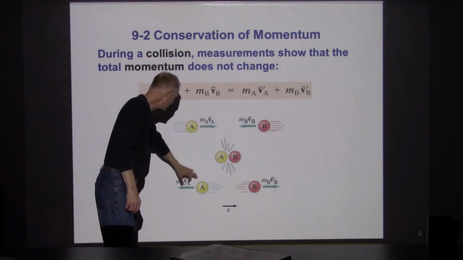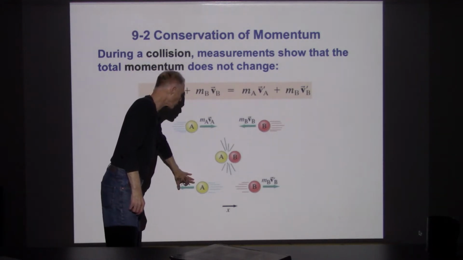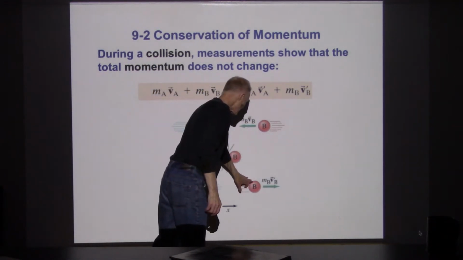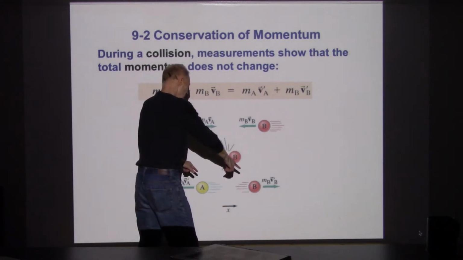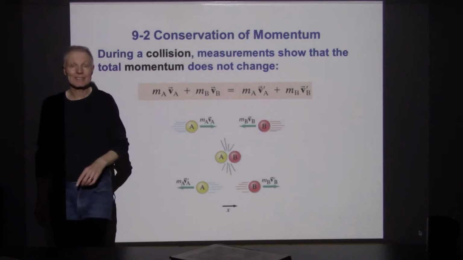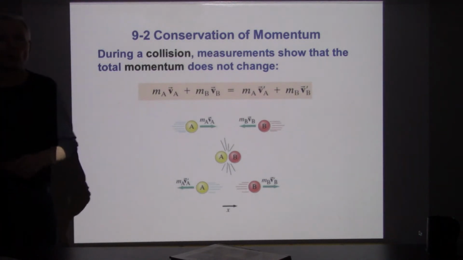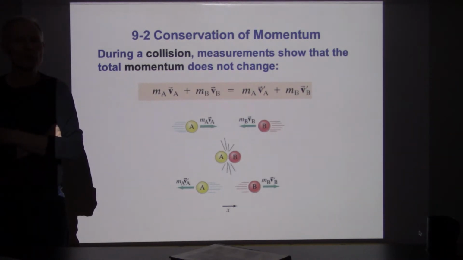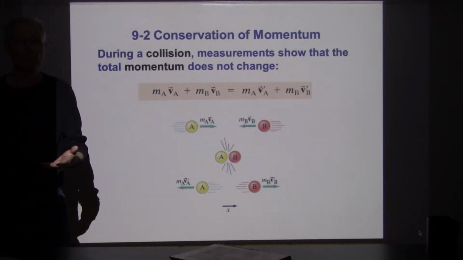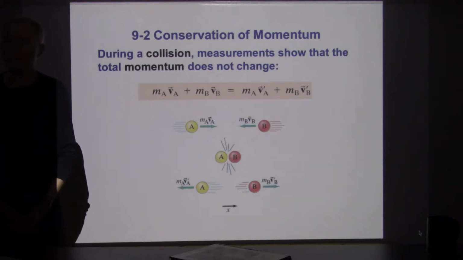So object A does not have the same momentum as before. Object B does not have the same momentum. But if we add the momentum from before and the momentum after, we find out it's the same number. And when we go into the lab and we do these kind of measurements, we find out this prediction, because it's a prediction based on Newton's laws of motion, works.